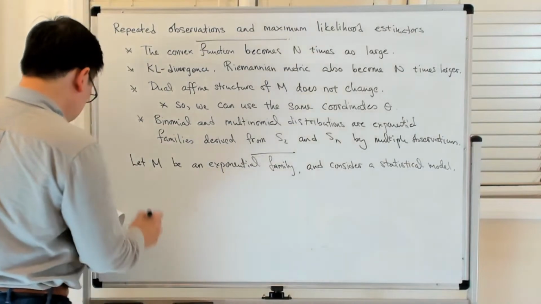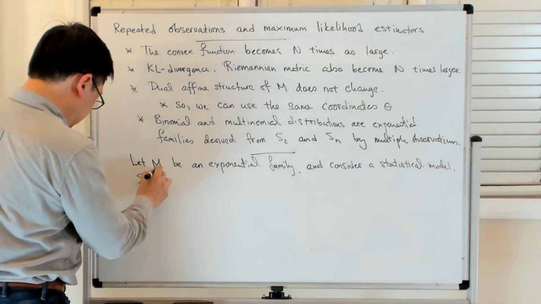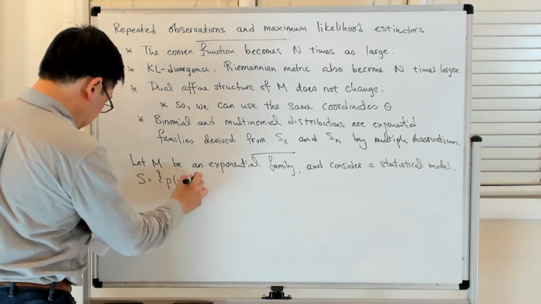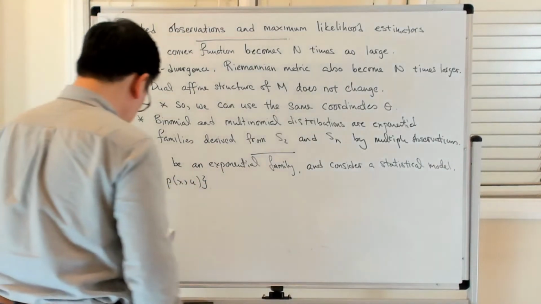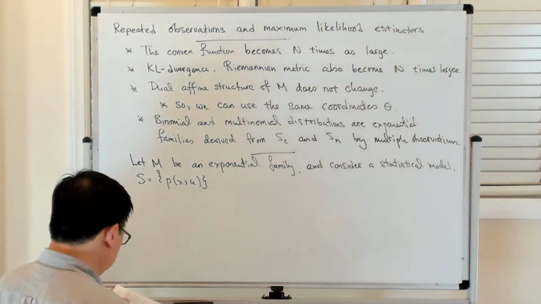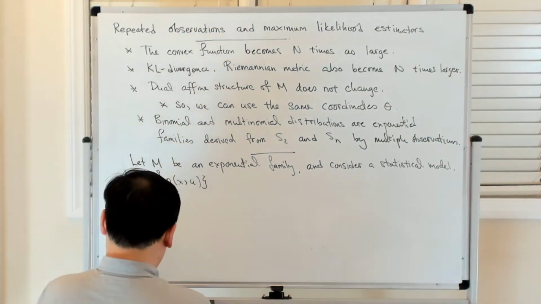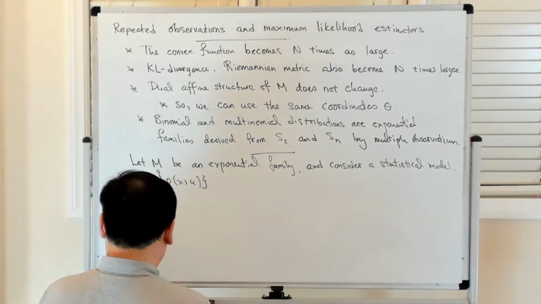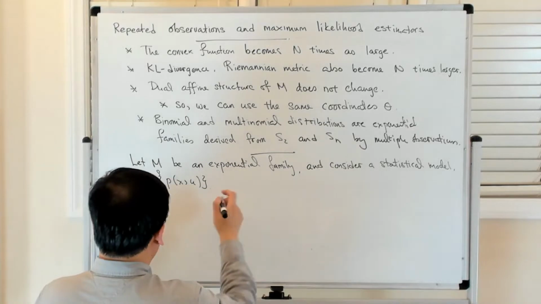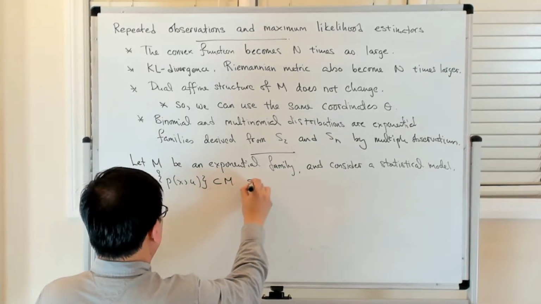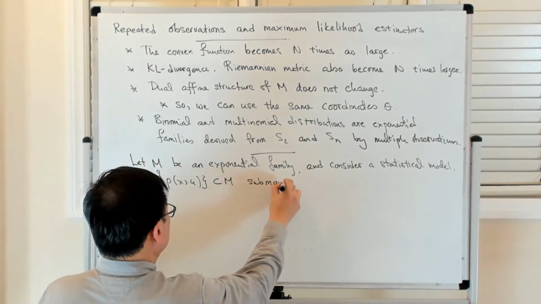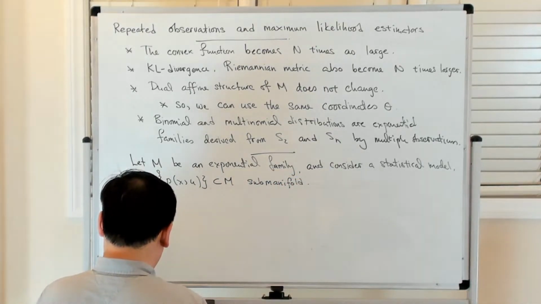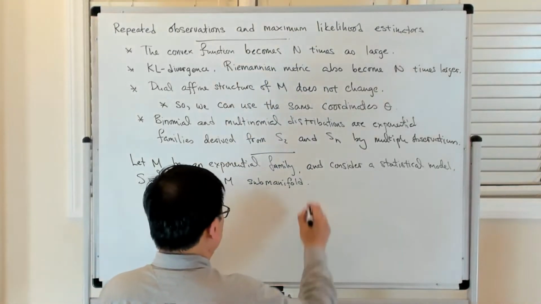So S is the set of probability distributions which is embedded in this manifold M. It's a submanifold, with parameters.